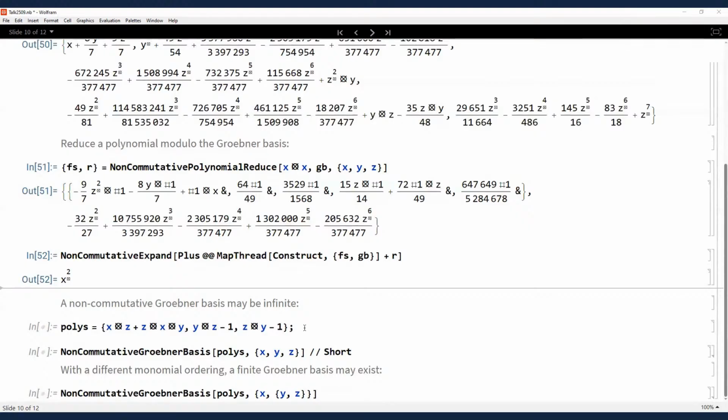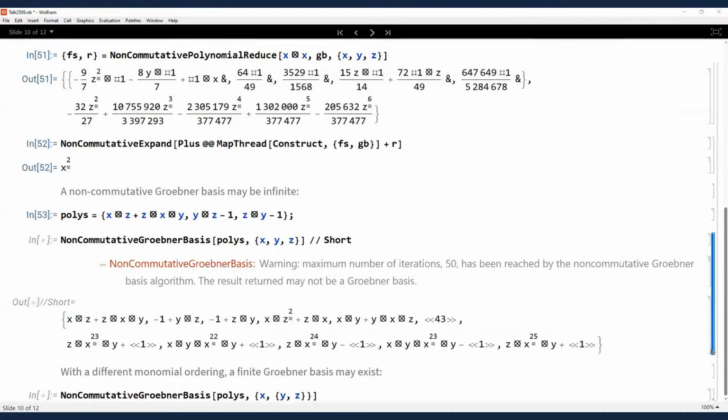And also, unlike in the commutative case, a non-commutative Grobner basis may be infinite. So for this set of polynomials, the Grobner basis is infinite, and non-commutative Grobner basis has a limit on the number of iterations that can be set using an option, max iterations.